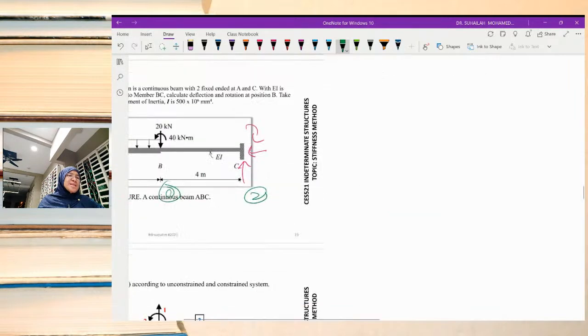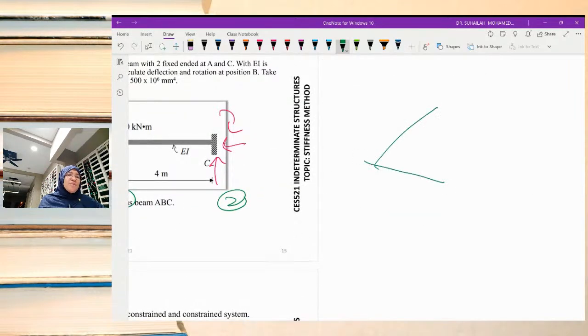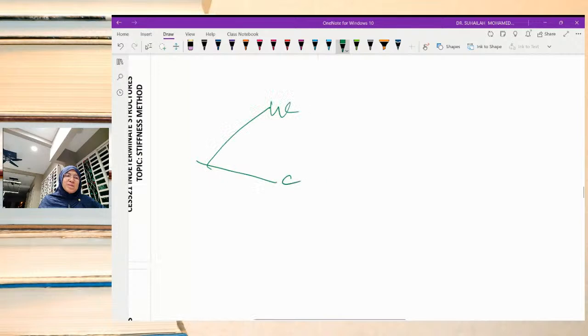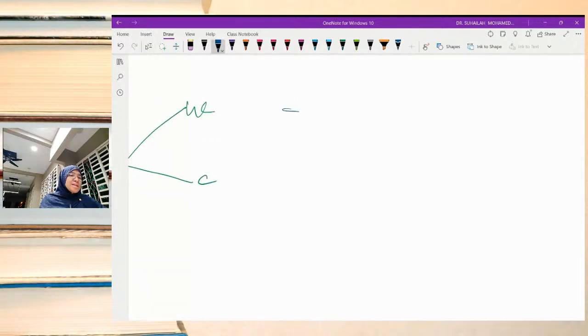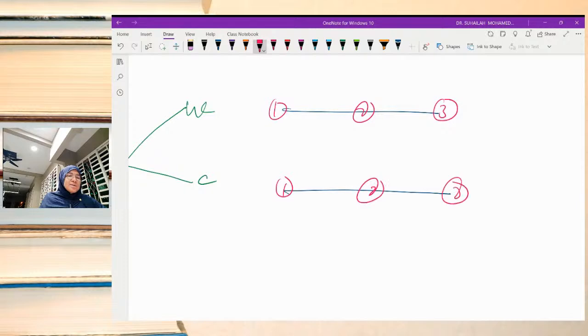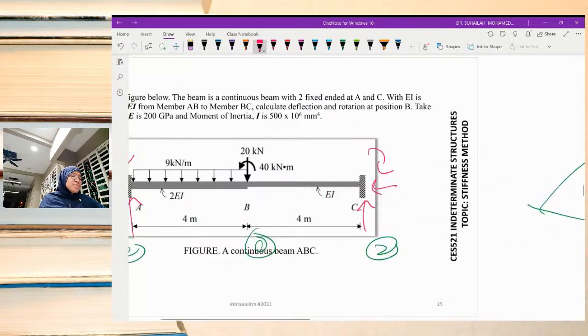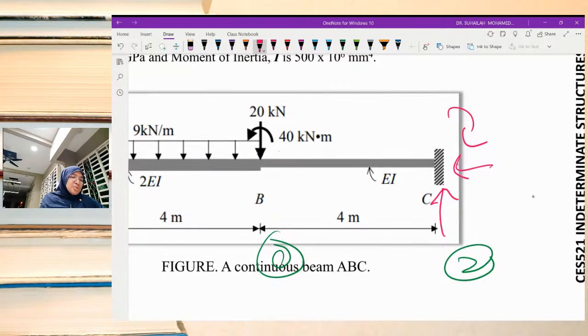When we sketch, one for unconstrained, one for constrained, what we get is 1, 2, and 3. This is another node, something like this. We have to put a node.